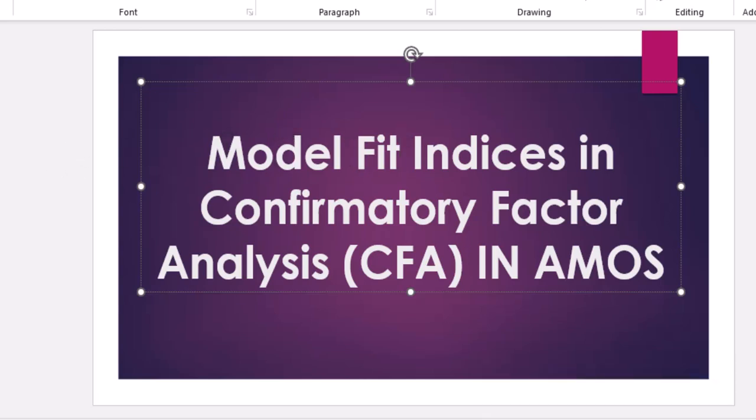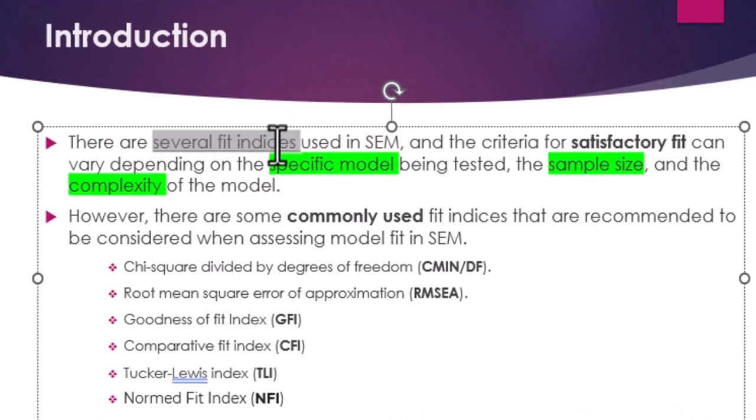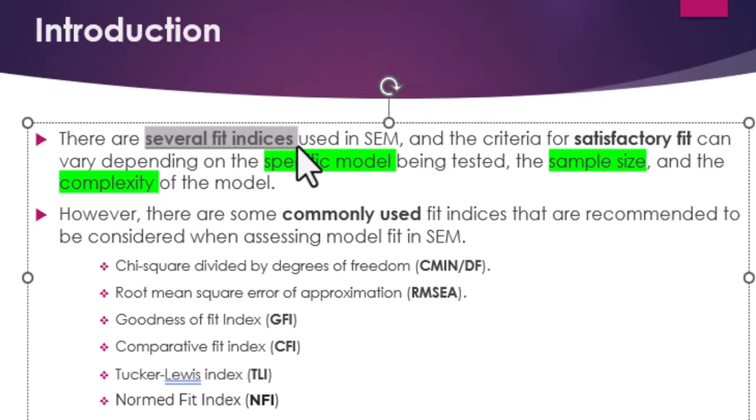So we start with an introduction where we are saying that there are several fit indices used in SEM, structural equation modeling, or CFA. And the criteria of satisfactory fit can vary depending on the specific model being tested, the sample size, and the complexity of the model.